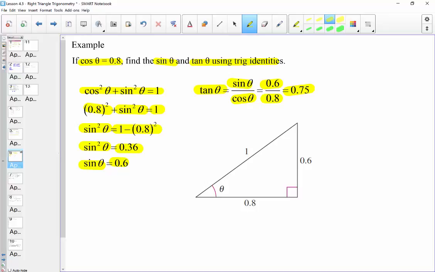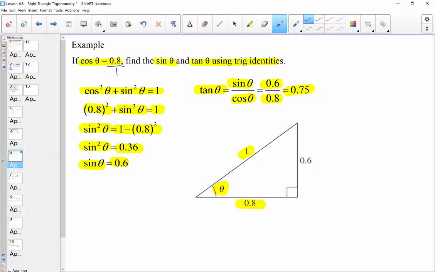Now graphically, we could look at this on a right triangle, looking at angle theta, and knowing that the cosine of theta equals 0.8, technically it's 0.8 with a denominator of 1, so we can say that the cosine of theta equals the adjacent side, 0.8, over the hypotenuse, 1.